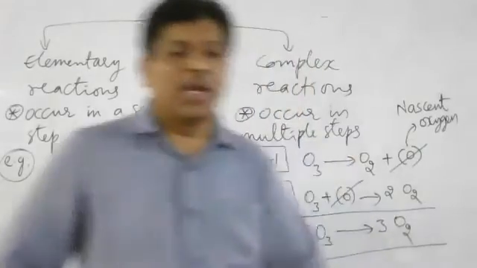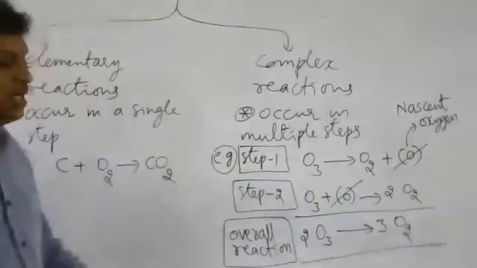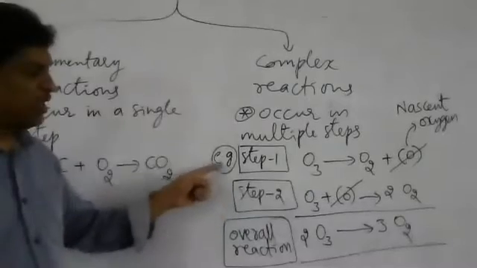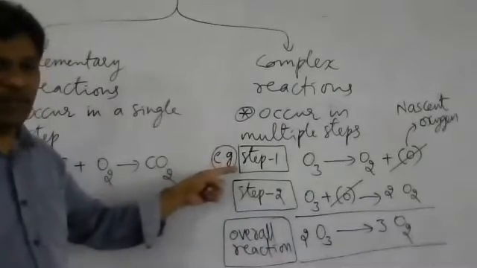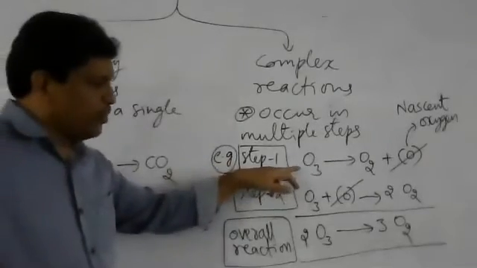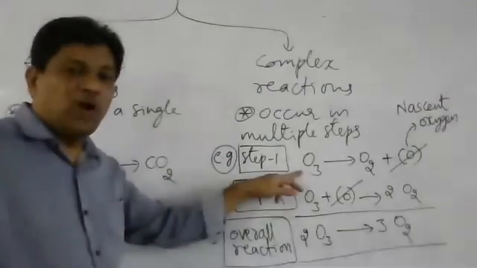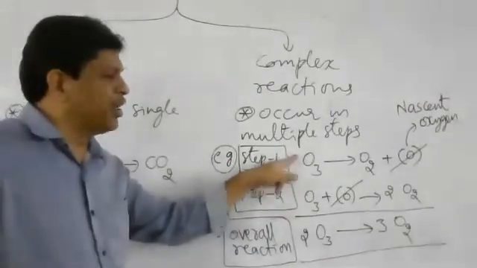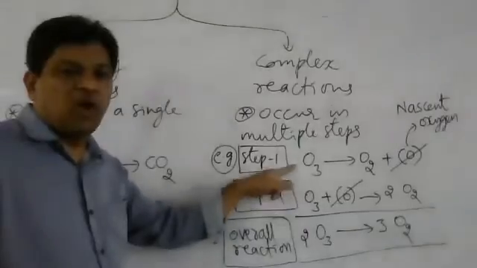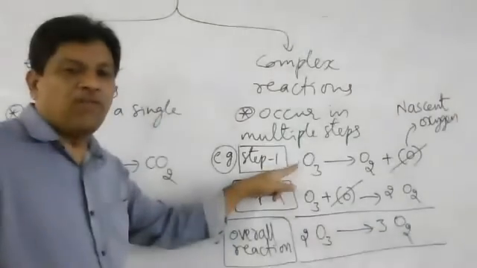Is the concept clear? One more thing to understand: in this complex reaction, in step one, how many reacting species are involved? How many reacting molecules can you see? In the first step, only one molecule of ozone.